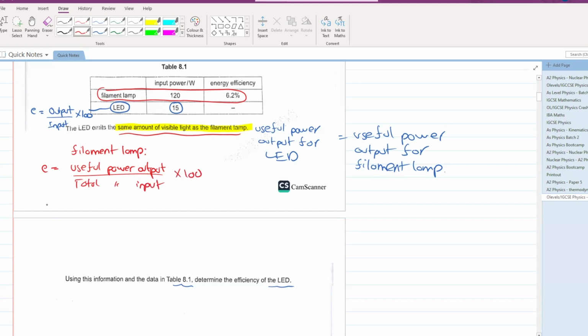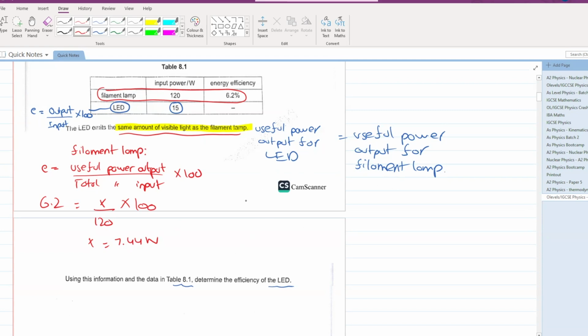What is the efficiency? 6.2. What is the useful power output? We don't know. Let's place an x here. What is the total input? 120, multiplied by 100. x comes out to be 7.44 watts. This is the same output power for the LED and for the lamp as well.